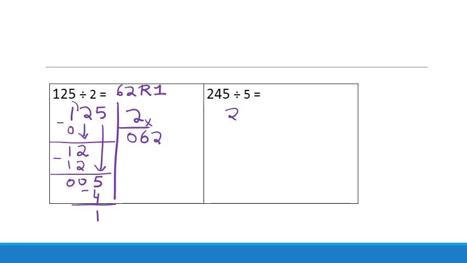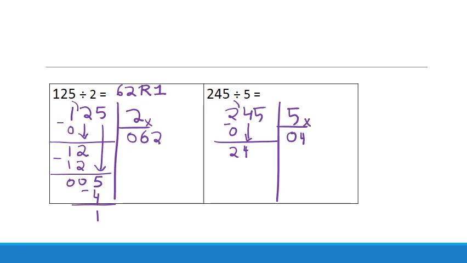The second one, I have 245 and I'm trying to divide it by 5. I start with the first step. Divide, I cannot. So 0 times 5, subtract, bring down. Divide, multiply, subtract, bring down.